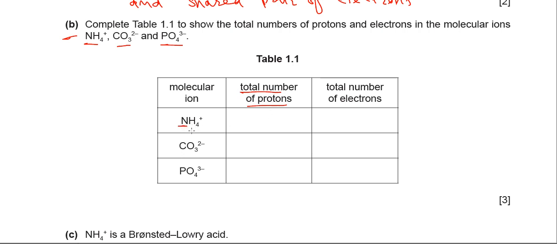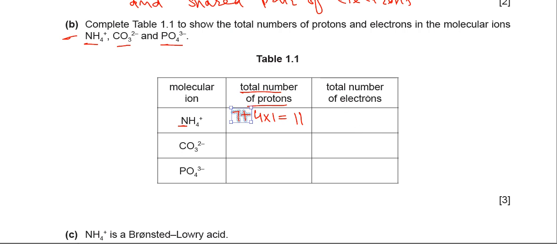As we can see, there is nitrogen. There are a total of 7 protons in a nitrogen atom, and we have 4 hydrogen atoms, where the number of protons in one hydrogen is 1. So with a simple calculation, there are a total of 11 protons.